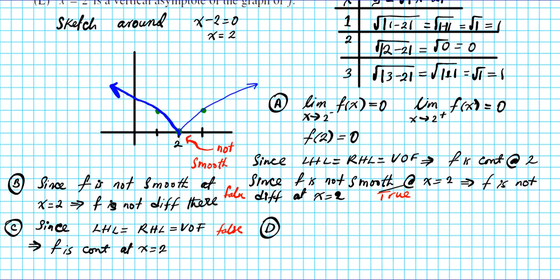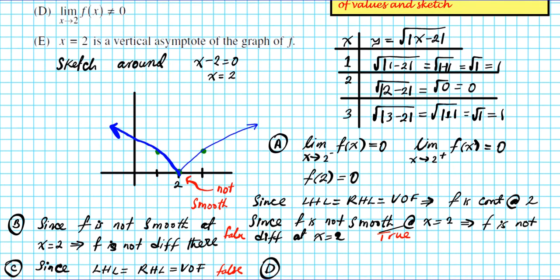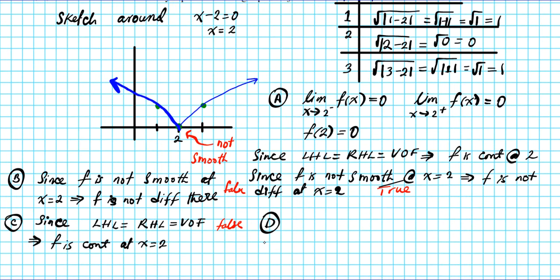Now let's take a look at option D. Option D says that the limit does not exist at x equals 2. Is that the case? So for the existence of the limit, what do we have to show? We just have to show that the right and left hand limits are equal. Okay, so since the left hand limit is equal to the right hand limit, they're both equal to 0.